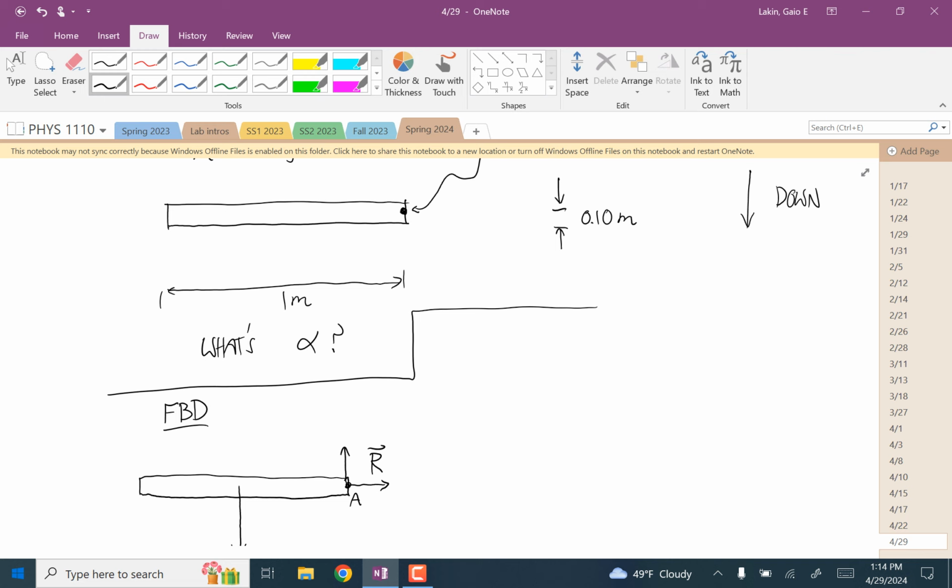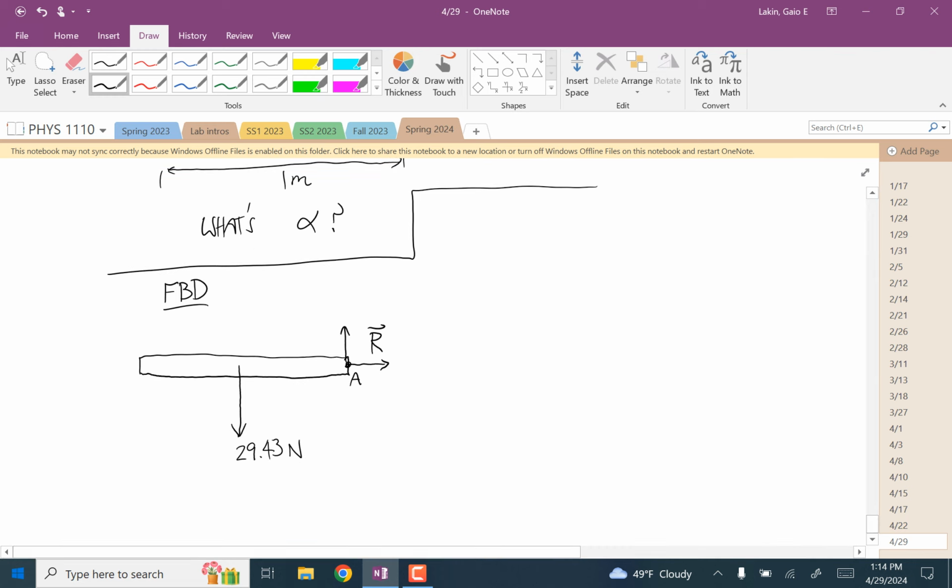So this will be I_A equal to 1/3 times 3 times 1 squared plus 1/12 times 3 times 0.1 squared. And so that just comes out to be 1.00.